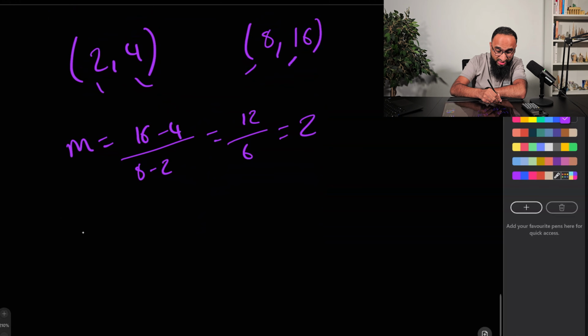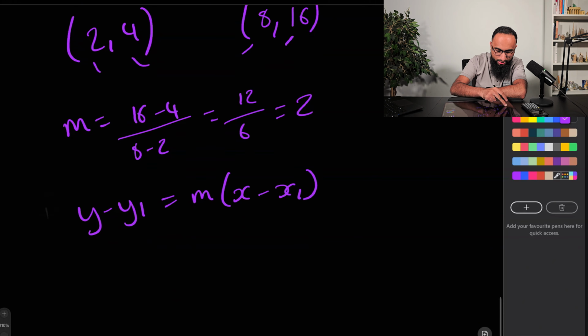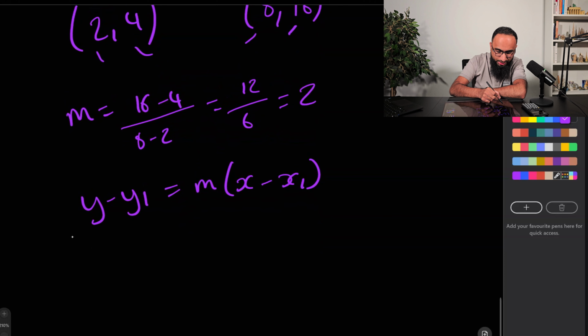Now we have to work out the y-intercept. How do we do that? Well, there's a couple of different ways. So we know, first of all, that we can use this equation, y minus y1 equals m brackets x minus x1. And here, by the way, we can never substitute anything for the y and for the x.